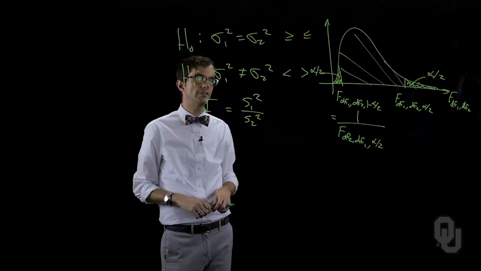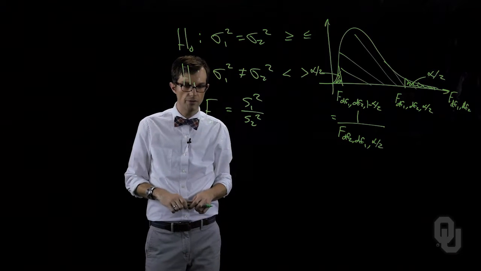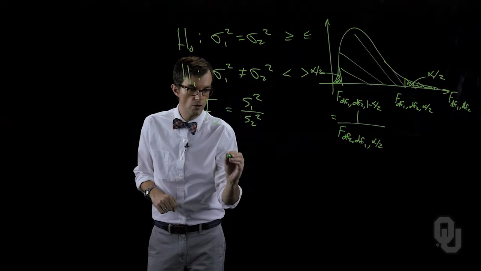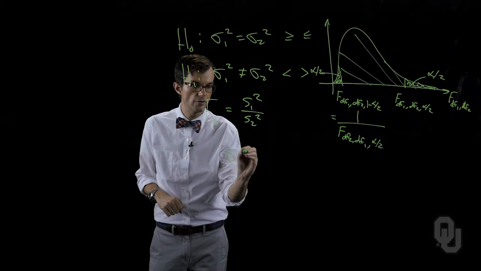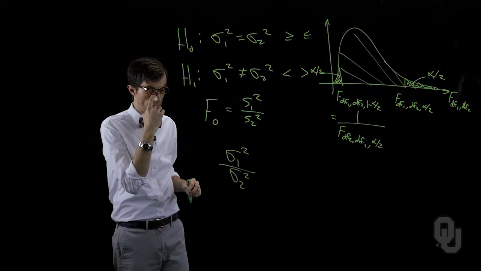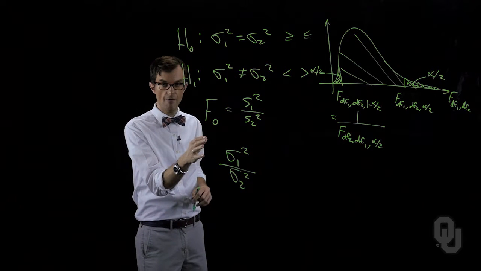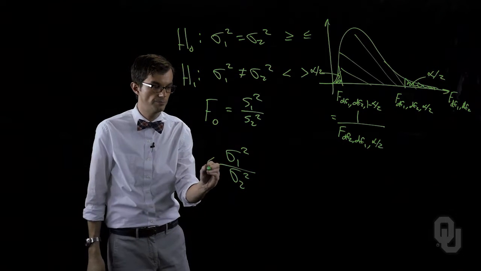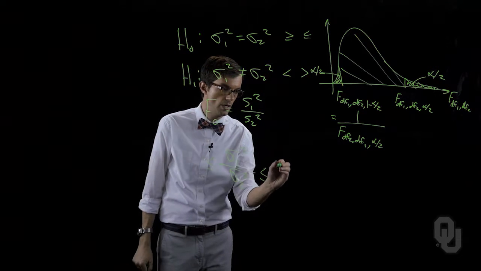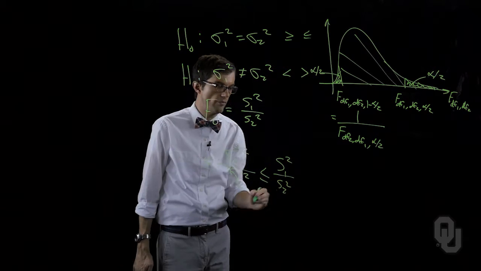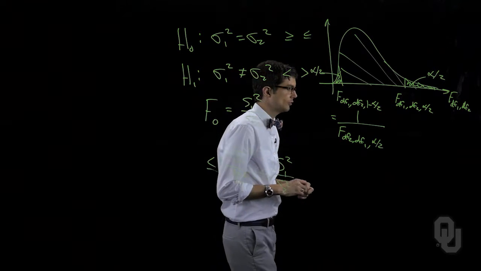So this is hypothesis testing. Now let's talk about confidence intervals. For a confidence interval, we are creating a confidence interval for this ratio. That's the best we can do. What's the confidence interval for the ratio of sigma 1 squared to sigma 2 squared? That is a function of the ratio of S1 squared to S2 squared.